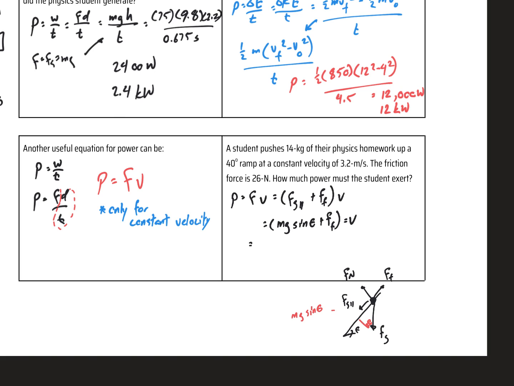When we plug all of our numbers in, it's 14 times 9.8 times sine of 40 plus the 26. So once again, this 26 newtons is how much friction is already pushing up the ramp. We're given that information. That should be multiplied there. Times 3.2. So here, the power to push this up this particular ramp is 365 watts.